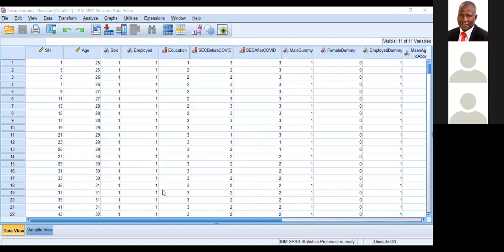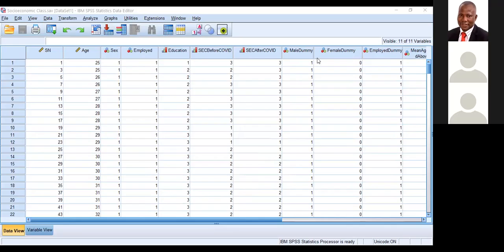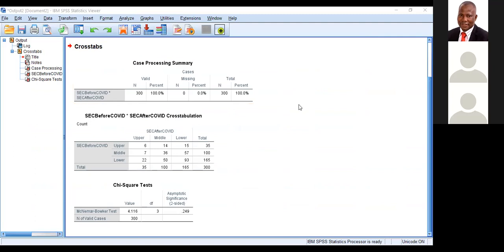So stop sharing and share the results. You can see, you crosstabulate and it shows you that table. Look at the chi-square, 4.11.